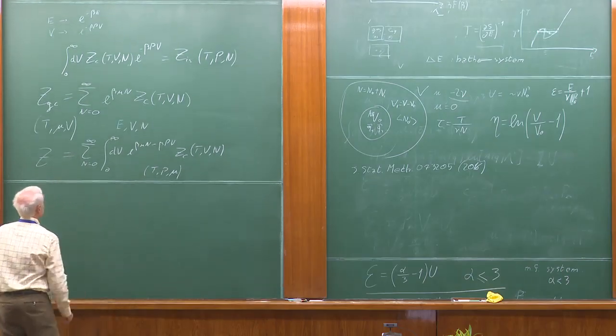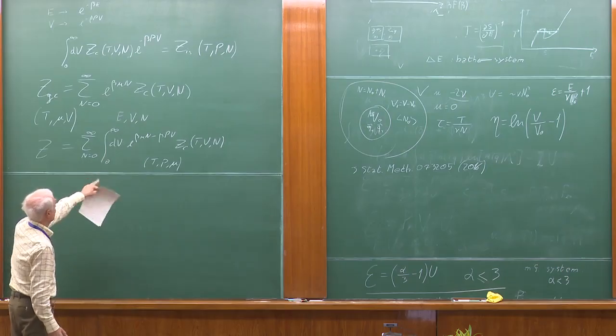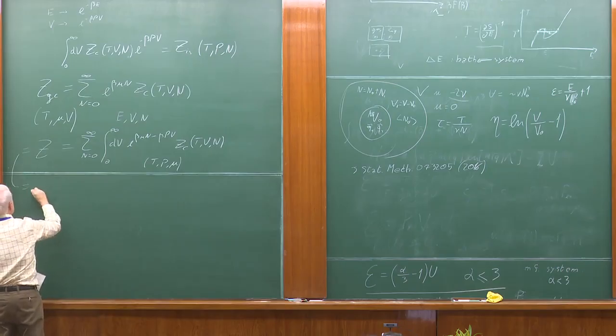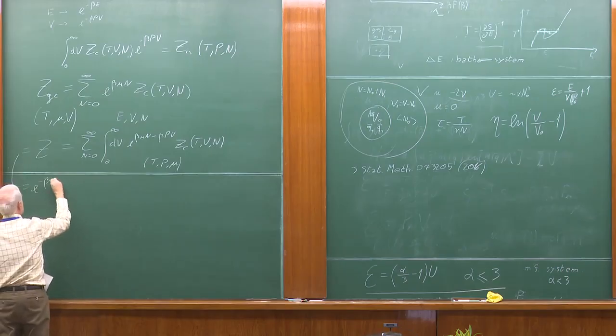And you can see that immediately by applying a multidimensional Legendre-Fenchel transform. Suppose that you take this as the definition of this new ensemble, of this new thermodynamic potential.